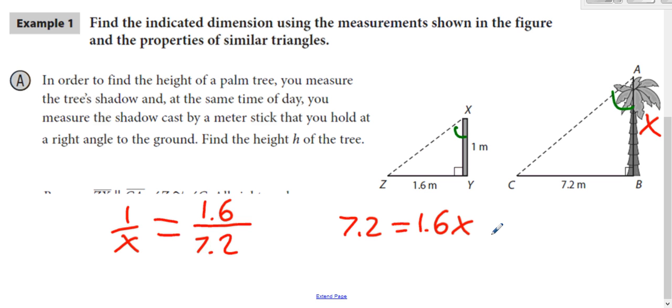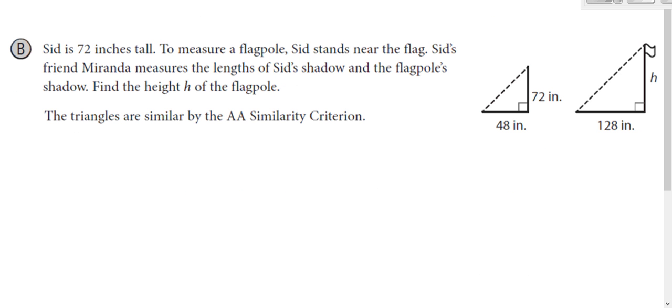And then 7.2 divided by 1.6 is 4.5. So x is 4.5. Since that was the height of the tree, we should say that the height of the tree is 4.5 meters. Just put the units back on there. They don't really get any more difficult or even much different than that.